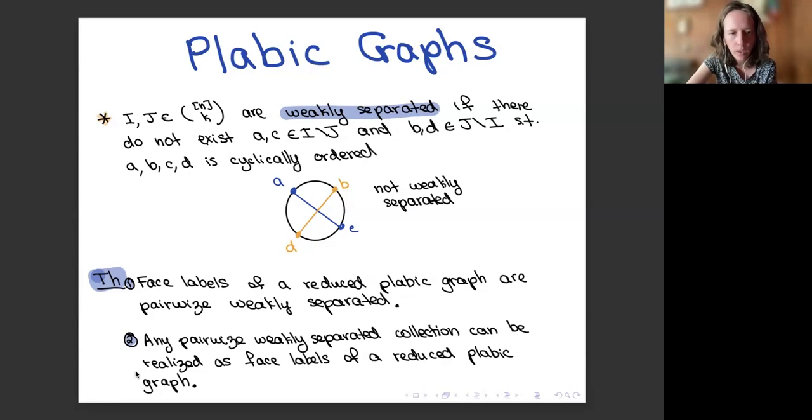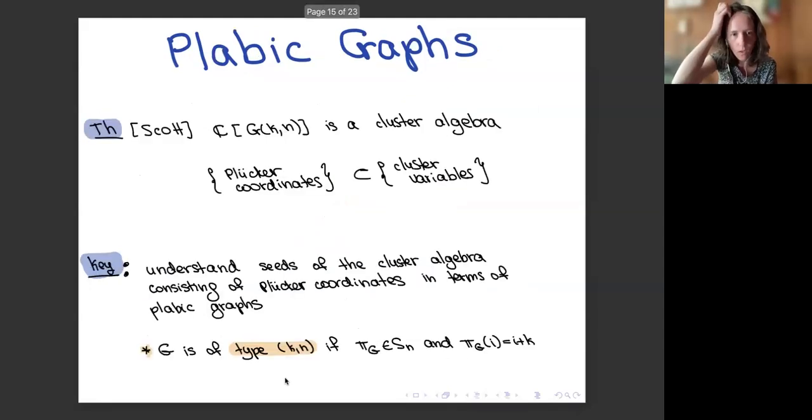And conversely, any pairwise weakly separated collection can be realized as face labels of a reduced plabic graph. So weak separation captures completely these face labels of a plabic graph. It's another equivalent characterization: pairwise weak separation.